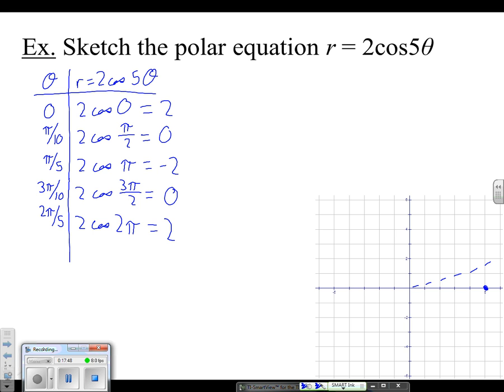So when I'm facing at 0, we're out here at 5. As theta gets bigger, my radius is going to get smaller and smaller until by the time I get to that angle, my radius is down to 0. Now the next angle is pi over 5. We're squishing it a little bit here, but that's okay. The pi over 5 would be right here. And I'm going to keep extending this to the other side also.